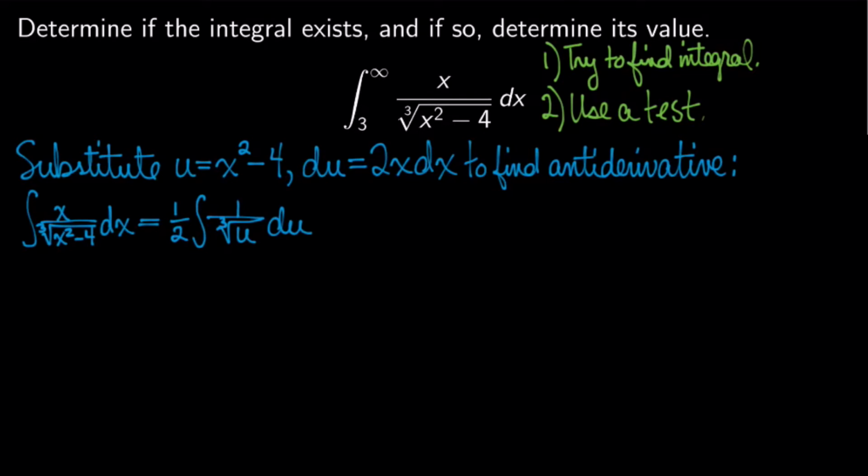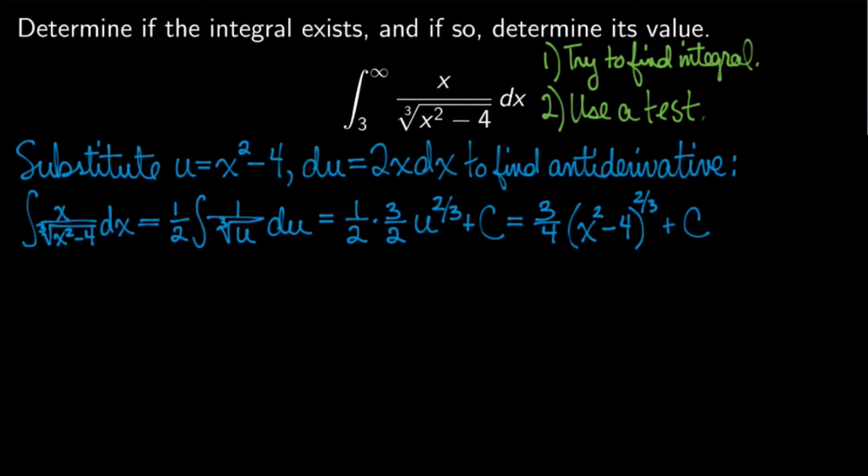And just a note on where that's coming from: I took the x times dx and replaced it with 1/2 du using this, and I took the x squared minus 4 on the bottom and replaced it with a u. That's how I did that. So this guy, total joke, use the power rule. That's going to be equal to 1/2 times 3/2 u to the 2/3 power plus C. And I do a little back substitution and bam, antiderivative. Okay, I got my antiderivative.